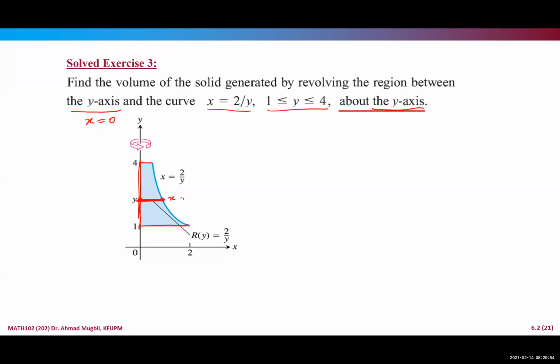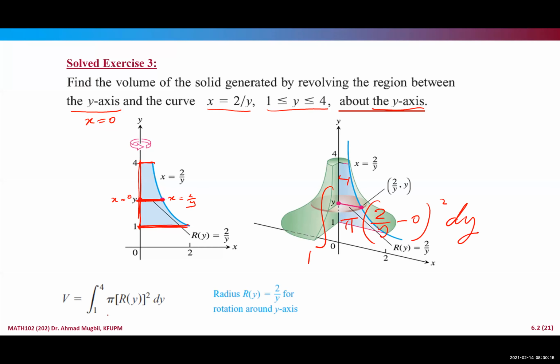What is x right here? It is 2 over y. What is x left here? X here is 0. So it will be 2 over y minus 0. You will square it, multiply it by pi, and integrate it. From where to where? Y starts from 1 up to 4. It is given. dy. That's it. This is the integral.